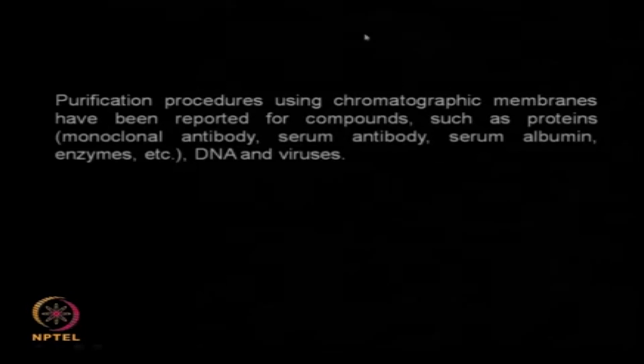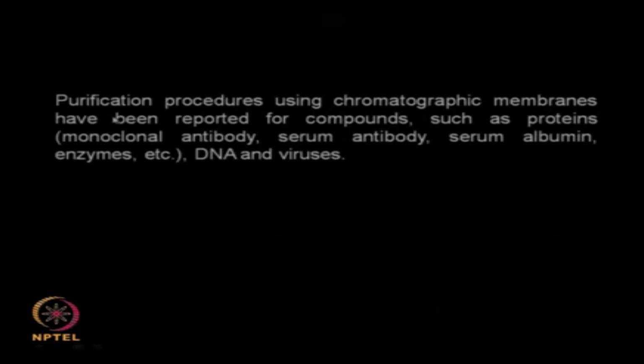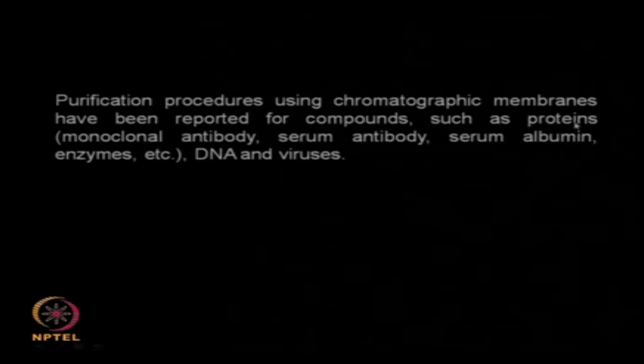So a lot of examples have been quoted where membrane chromatography has been used vis-a-vis the conventional liquid phase chromatography. So membrane chromatographies have been reported for compounds such as proteins like monoclonal antibody, serum albumin, enzymes, or DNAs and viruses and so on actually.